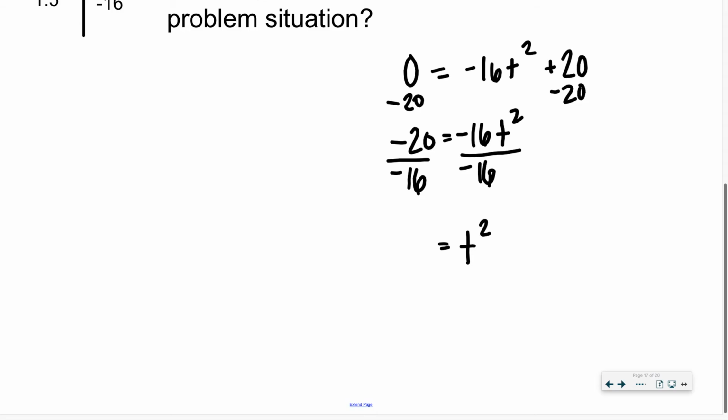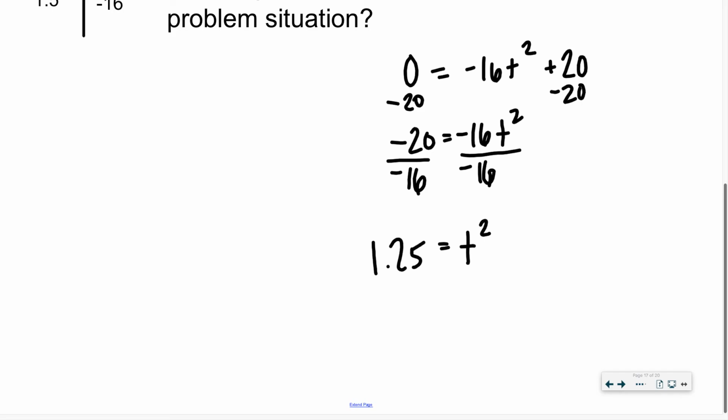Don't confuse yourself. How many times does 16 go into 20? 1. And what's left over? 4. So 1 and 1/4. Yeah, it's 1 and 1/4.